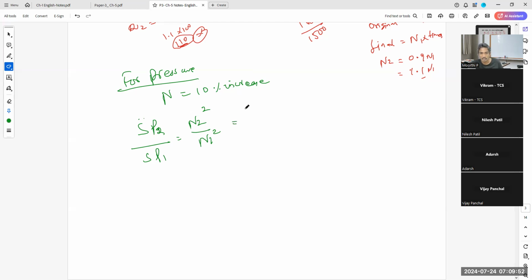N1 equal to N1, and N2, with a 10% increase, is 1.1 times N1, that whole square. This you understand? Yes. Okay.